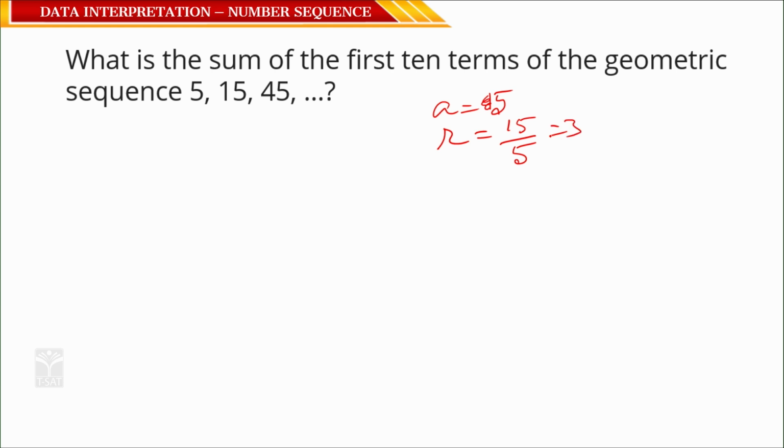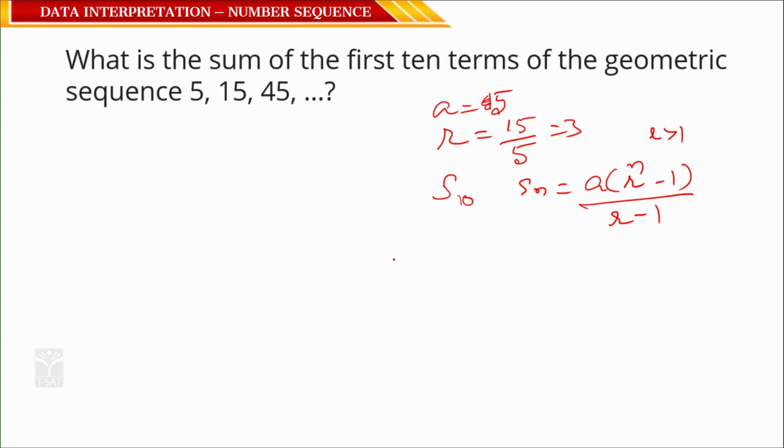What is required here? The sum S10 is required. What is the formula? Sn is equal to A(r^n minus 1) by (r minus 1) is the formula, because r is greater than 1, correct?